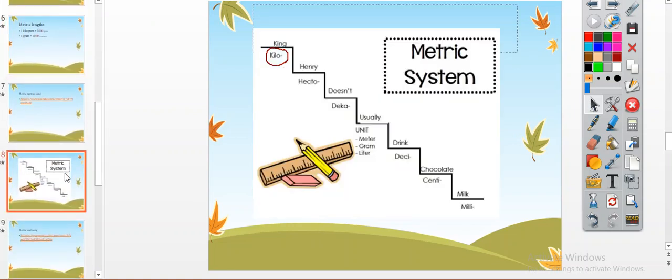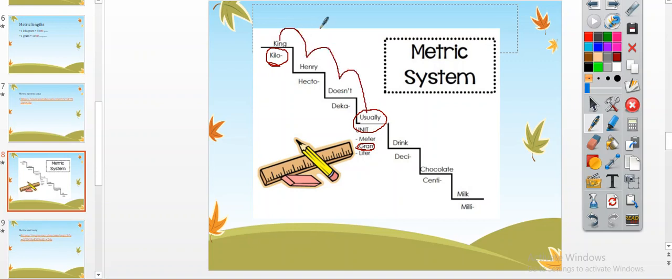Let's take a close look at this one here. This is the kilogram, and to reach the gram, which is the unit here, we have to count how many jumps we have. 1, 2, 3.